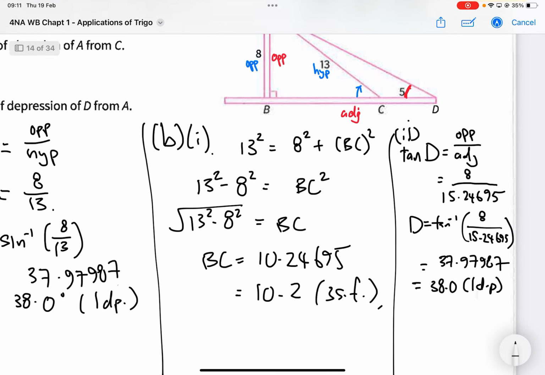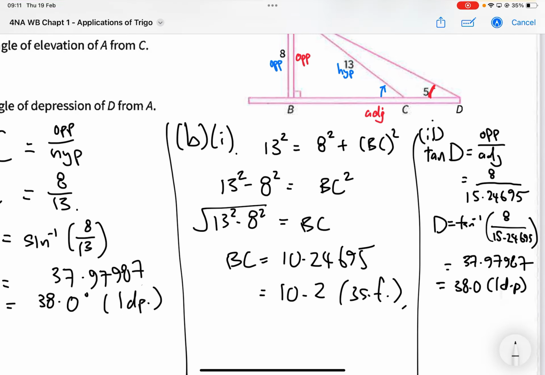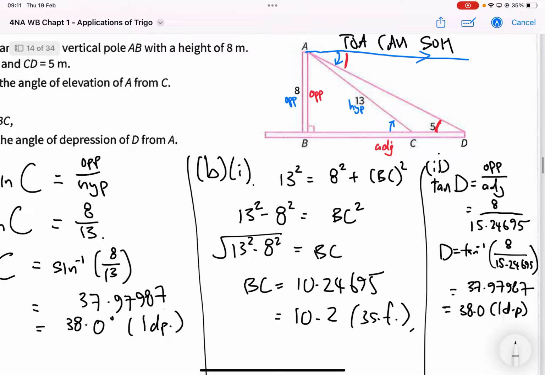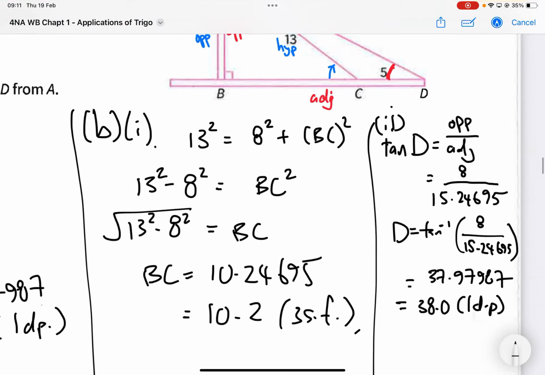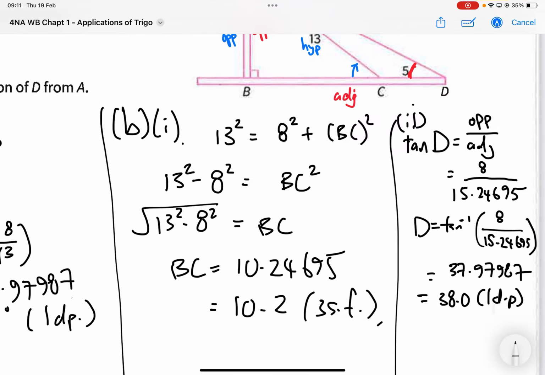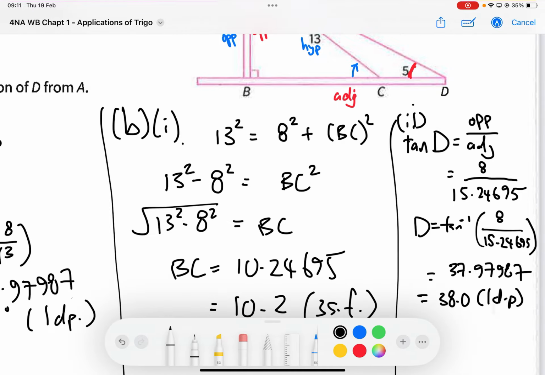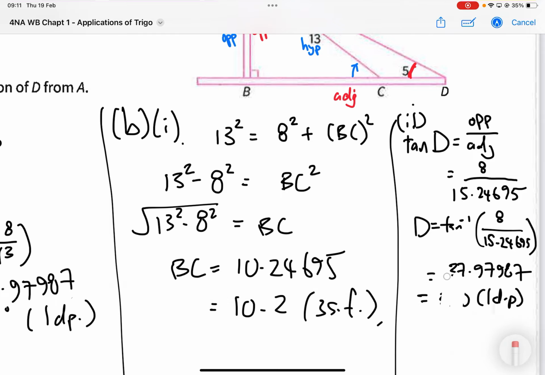Okay? Wrong. Did I do wrongly? Hey, sorry. I used the wrong number just now. I forgot to add 5. Tangent inverse. I took my calculator number, I never added the 5.